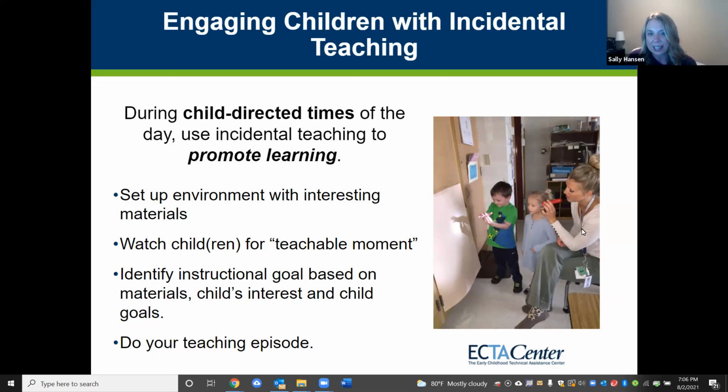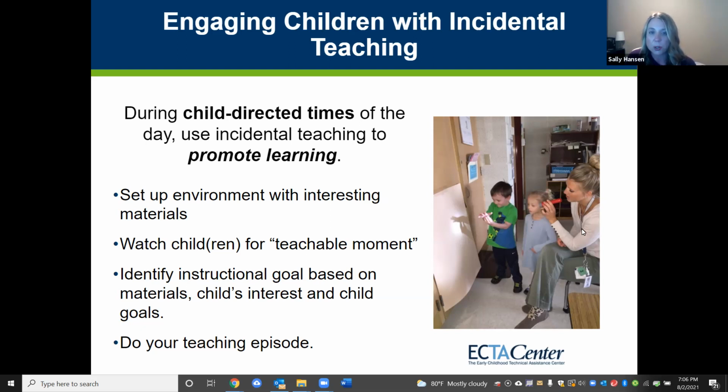It's not hurting anything, but it's not really tailored to her specific learning needs. Maybe she's reached a point where she's working on patterning. And so I'm going to ask her to create a pattern with the colored buckets and see if she can create the next step. That's more intentionally based on her learning goals.